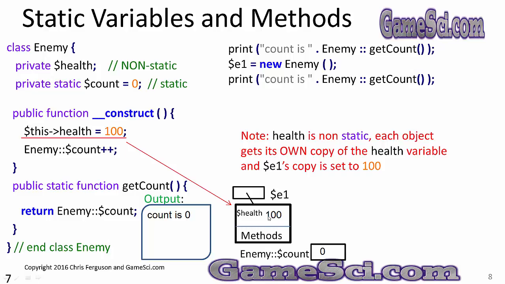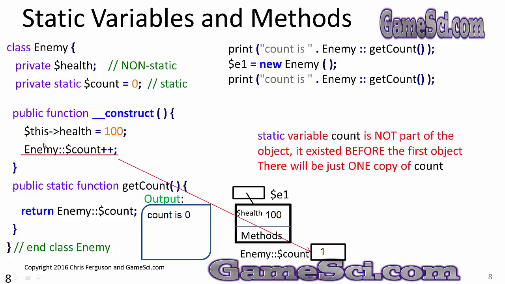Note, health is a non-static variable. Each object will get its own copy of the health variable, and E1's copy is set to 100. Then we'll do an Enemy::$count++, and we'll add 1 to the count variable. And there's a 1 showing up in our count variable. We've built one object. Count should be set to 1.